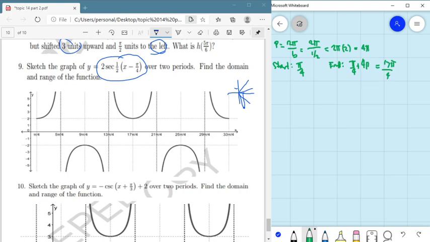Okay, so from pi over 4 to 17 pi over 4. Between them is 18 pi over 4, so 1/2 of 18 pi over 4 is 9 pi over 4.